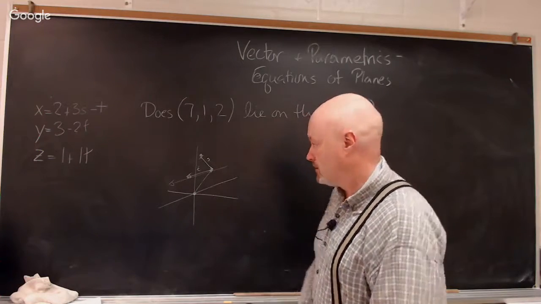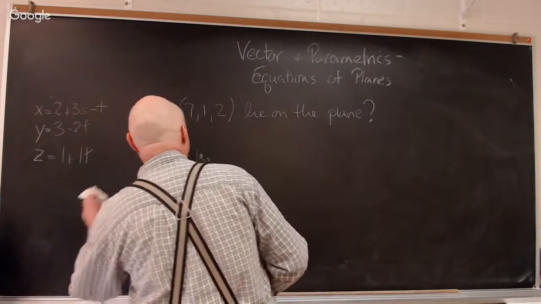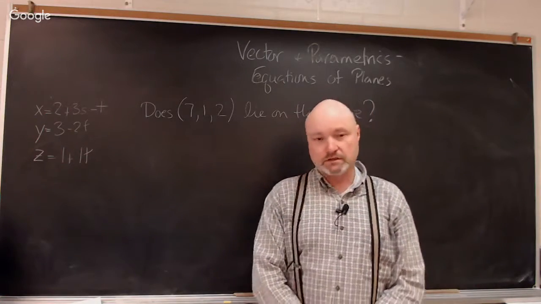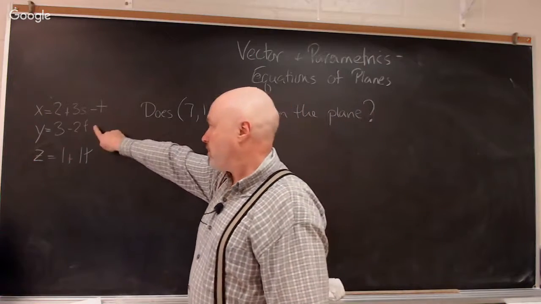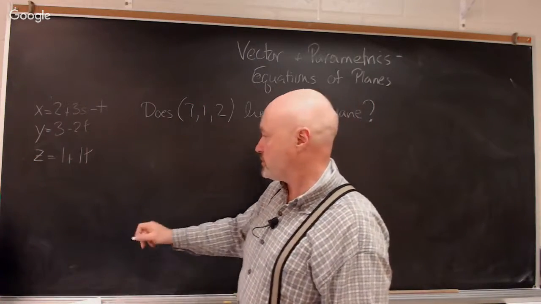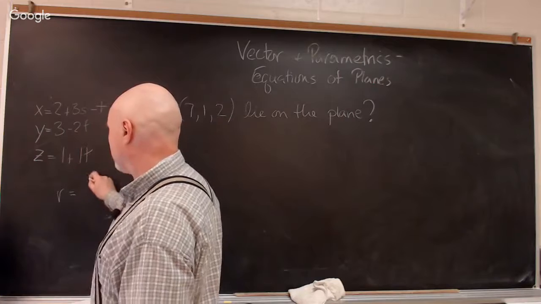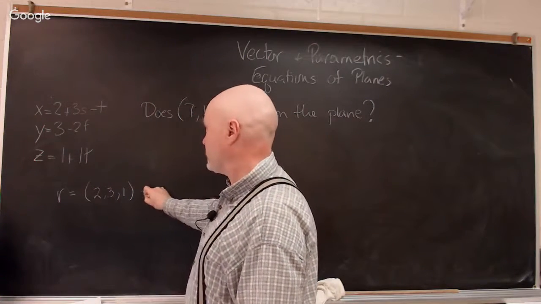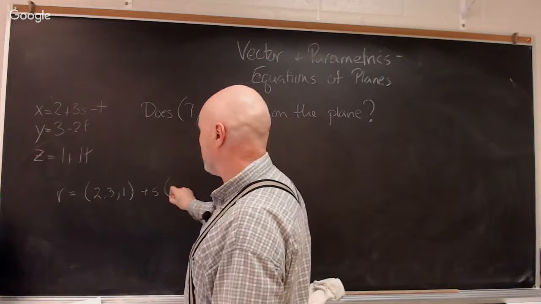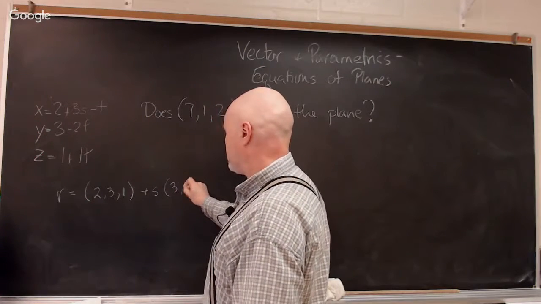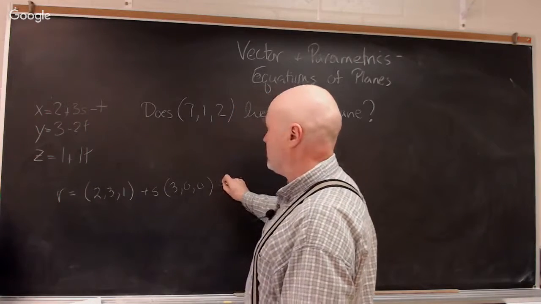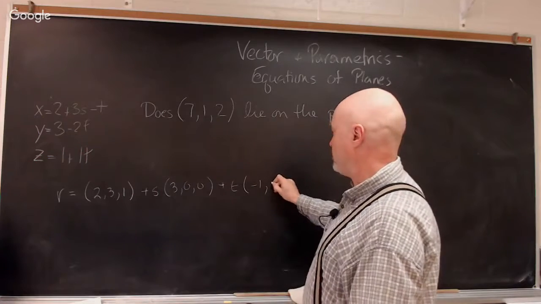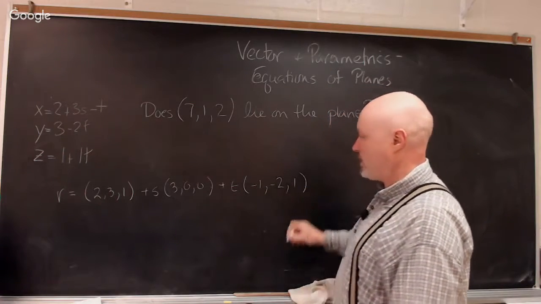All right. So we had an issue arose where we had this set of points. So the original vector equation was 2, 3, 1, which was our position vector, and then s times 3, 0, 0, and t times this last -1, -2, and 1.